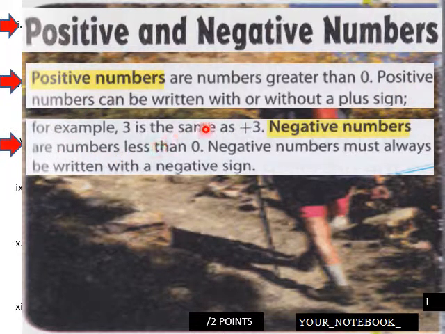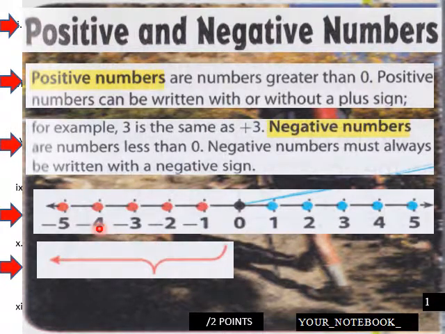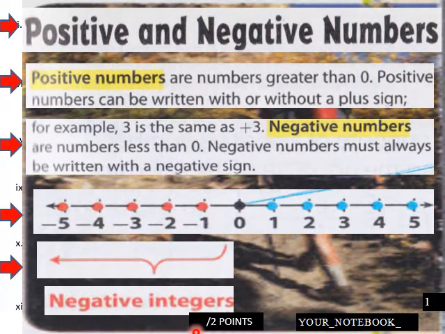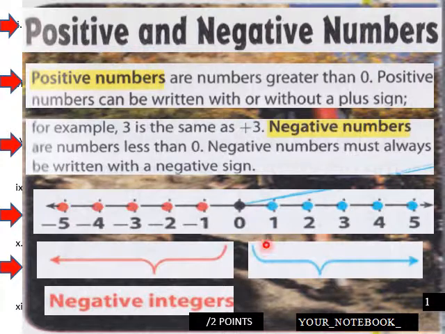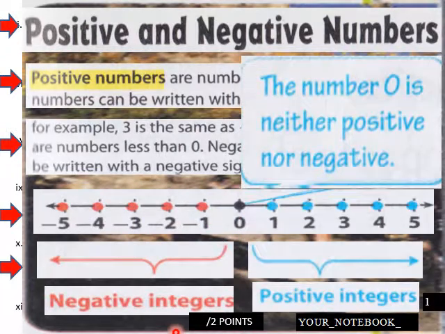For example, 3 is the same as plus 3. Negative numbers are numbers less than 0. Negative numbers must always be written with a negative sign. So here are your negative numbers, and your positive numbers are here, to the right of 0, and the negatives to the left of 0. The number 0 is neither positive nor negative.